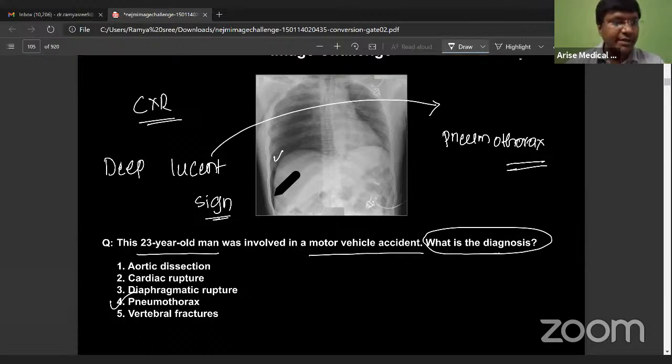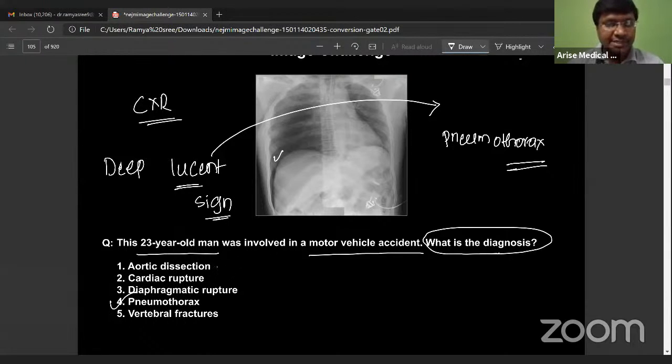Very good, Indian football. The costophrenic angle is completely deep. So this is called the deep lucent sign, or the deep sulcus sign, which is very much suggestive of pneumothorax.